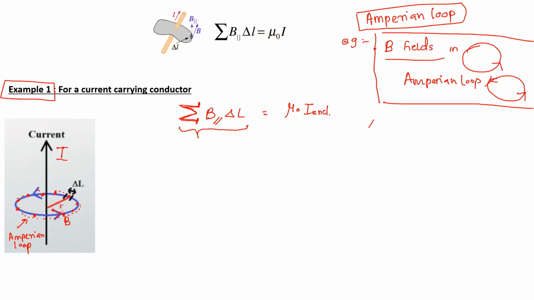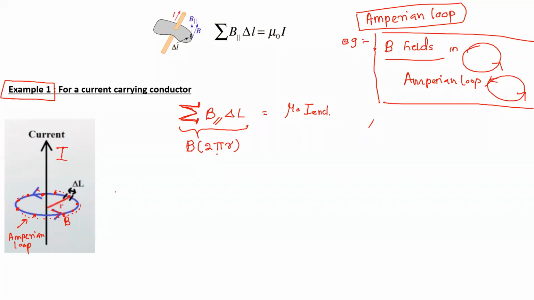It's the same distance from the wire, therefore you have the same value for the B field. So instead of breaking down the circle into small parts and adding it, you can directly multiply B by the length of the loop, right? So it's a circumference, 2 pi r. This makes sense, right?